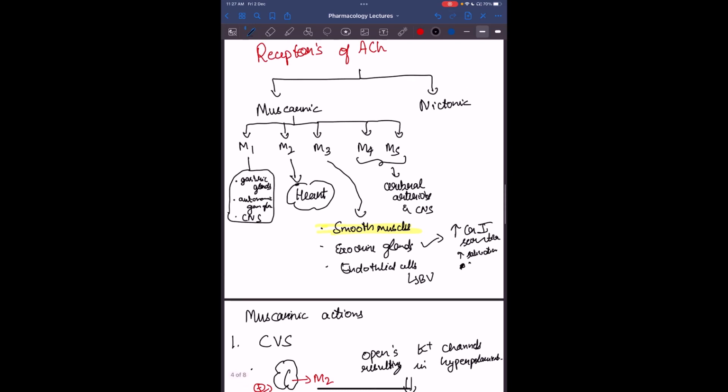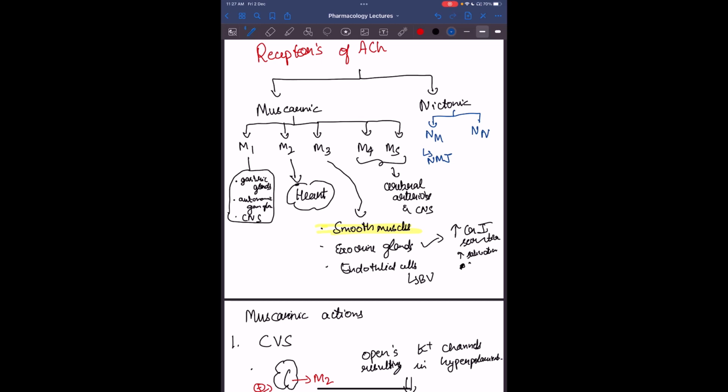Nicotinic receptors, let us classify here only. Nicotinic receptors are of two types: NM and NN. Before it was N1 and N2, but now they have named it NM and NN. NM is present at the neuromuscular junction.